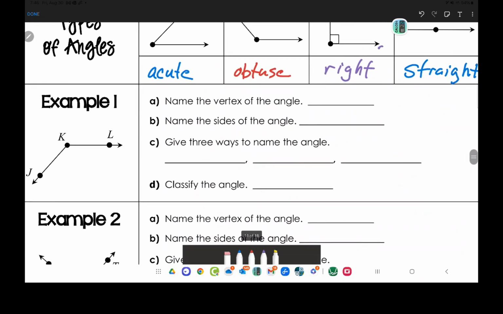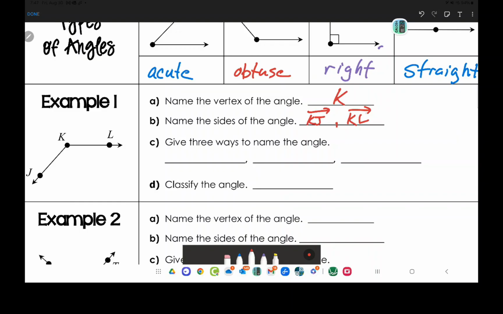So, for letter A here, step one, name the vertex of the angle, that is K. Name the sides of the angle. Now, sides are rays, so you do have to note them as rays. So KJ, starting with the vertex, and KL. Make sure you write these rays. Give three ways to name the angle.